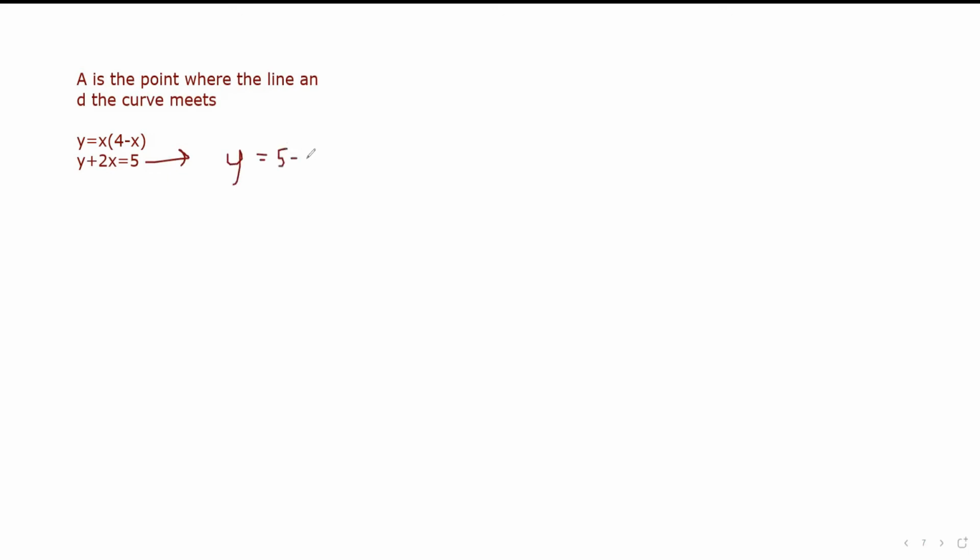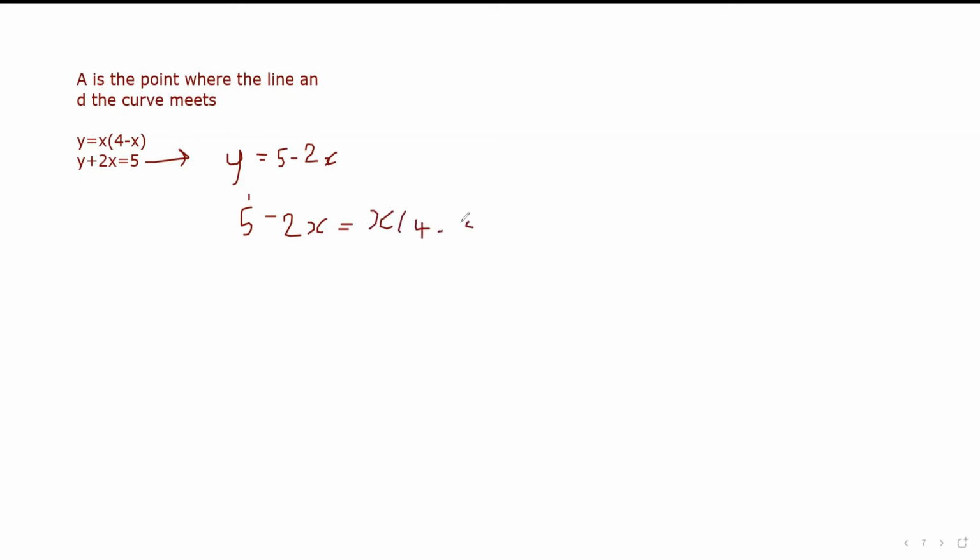All right, so we have 10 minutes to wrap up. We're going to finish, don't worry. y is 5 minus 2x, we plug it in here. So we have 5 minus 2x, Marika, is equal to x times 4 minus x.